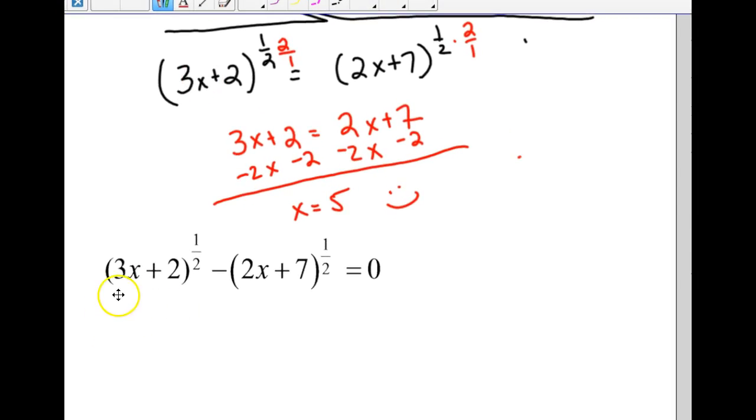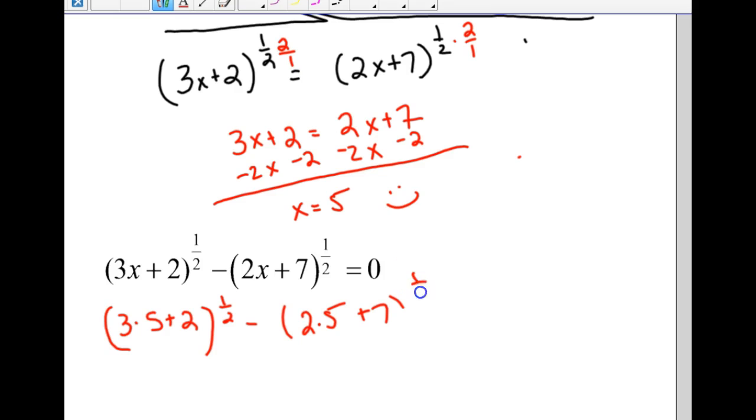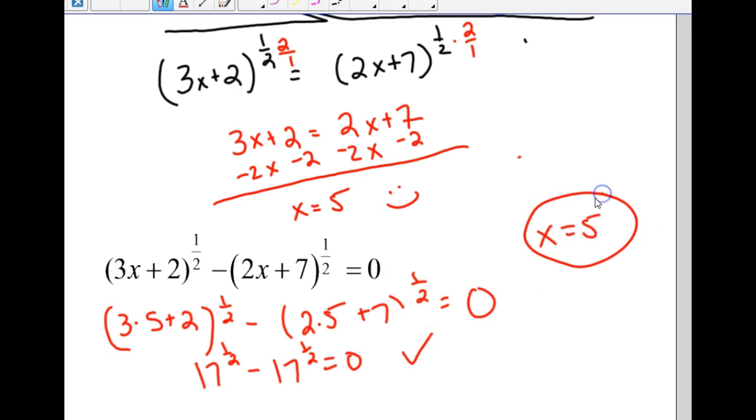I'm going to take 3 times 5 plus 2 to the 1/2 power minus 2 times 5 plus 7 to the 1/2 power. Does that equal 0? So 3 times 5 is 15. Does 17 to the 1/2 minus 17 to the 1/2 equal 0? It does. So x equals 5 is my answer.